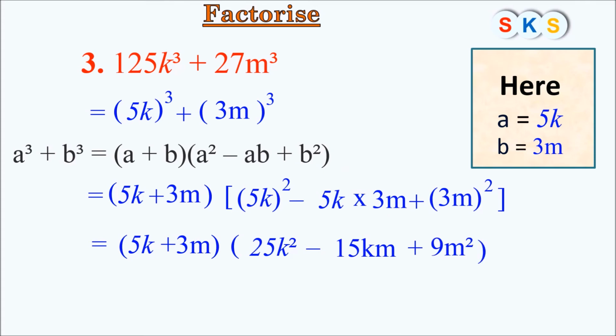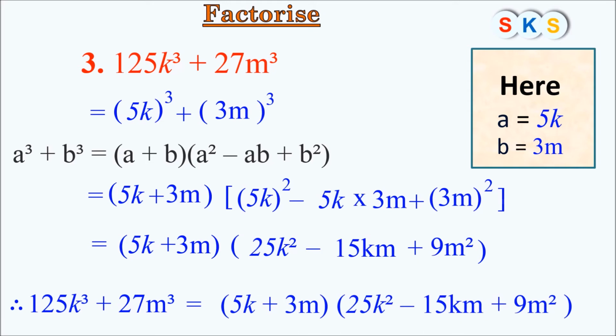Close the bracket. Now it cannot be simplified further. Therefore, 125k raised to 3 plus 27m raised to 3 is equal to (5k plus 3m) into (25k square minus 15km plus 9m square).